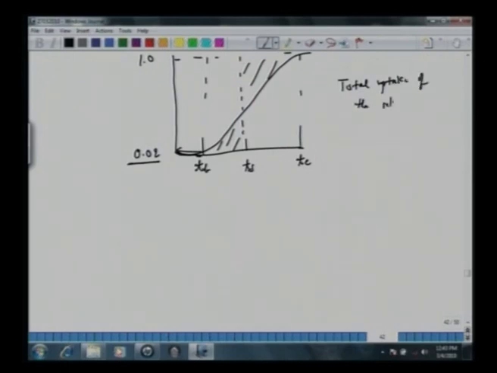Now if we want to measure how much is the total uptake of this solute, one has to make a balance across this column. If Q is the flow rate and C0 is the inlet concentration, then Q into C0 is the species mass which gets in for that solute, minus Q C exit, which is a function of time.